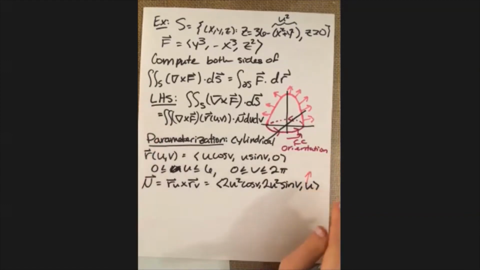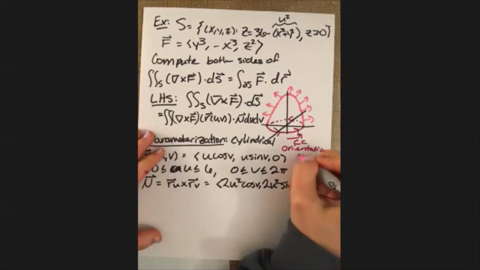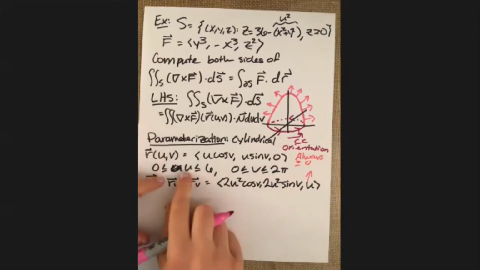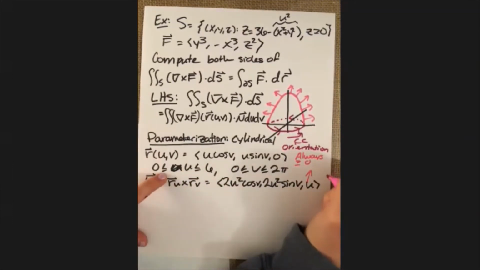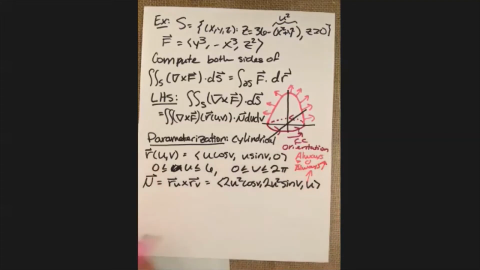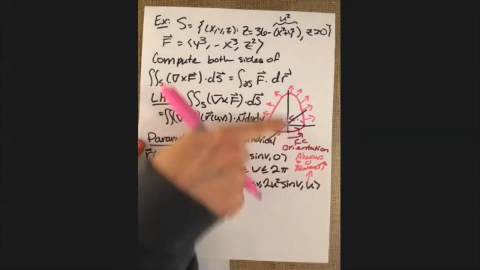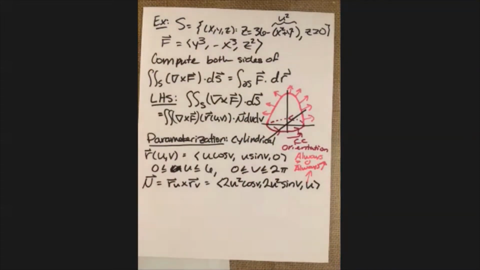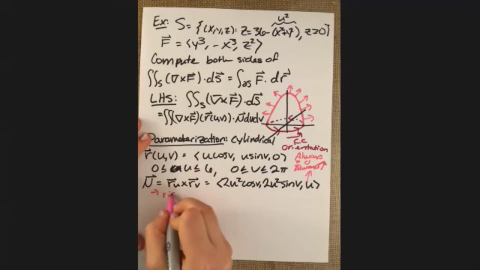It'll tell us whether we're pointing up or down. So this is always greater than or equal to 0 because of the bounds that are on it. So it always points upwards. So if we kind of look like that, we have a positive z component. Our vector is always going to point upwards there. So that means that we do indeed have the right orientation.